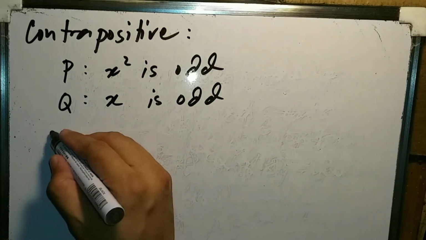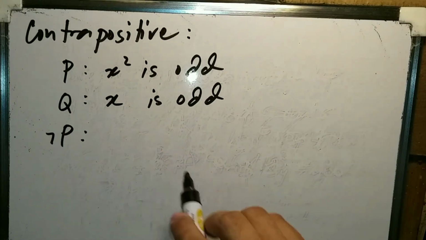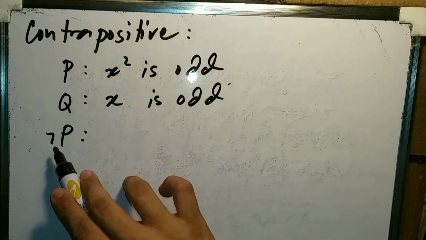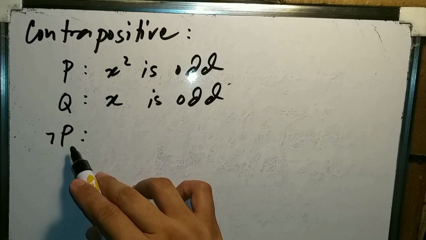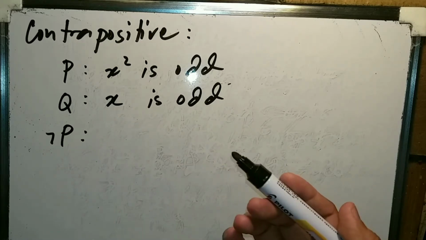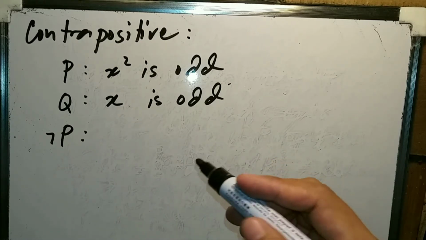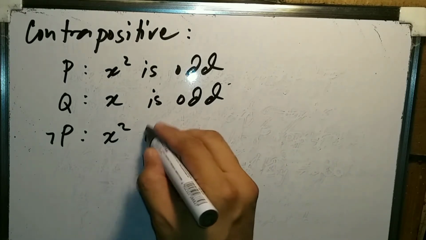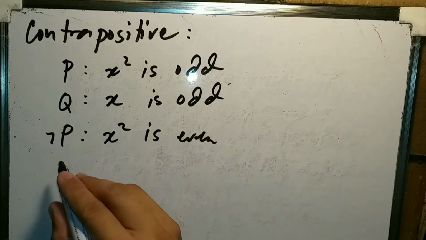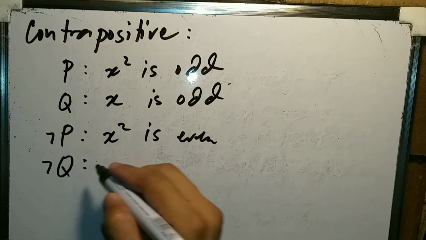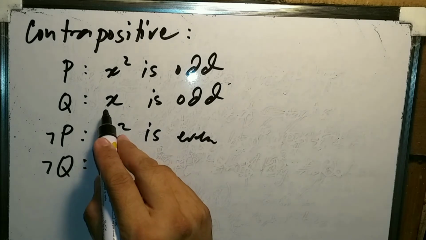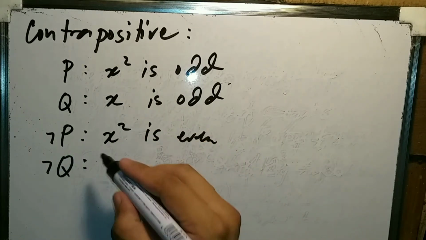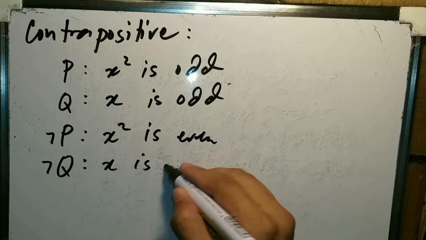Now let's have not P. So if x squared is odd, not P would be x squared is not odd. That means x squared is even. And then not Q. If Q is the proposition x is odd, not Q is the proposition x is even.